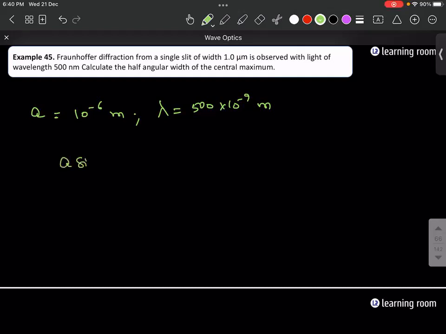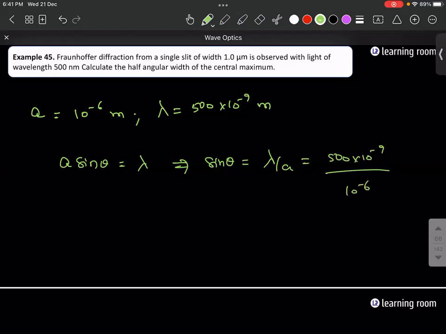So can I say A times sine theta is equal to lambda, which implies sine theta will be equal to lambda divided by A. So 500 into 10 power minus 9 divided by 10 power minus 6.